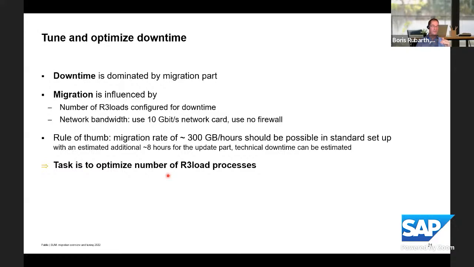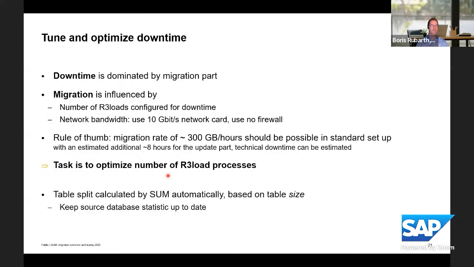They are always the same. The tool will not consider any hardware that is available. Those are the default values, for example, 64 R3 load processes, and you will adapt this. That's very important. Don't take those numbers as granted. Now, the table split calculated by the software update manager is done automatically.